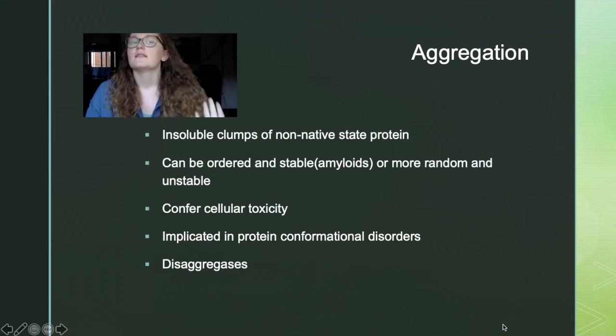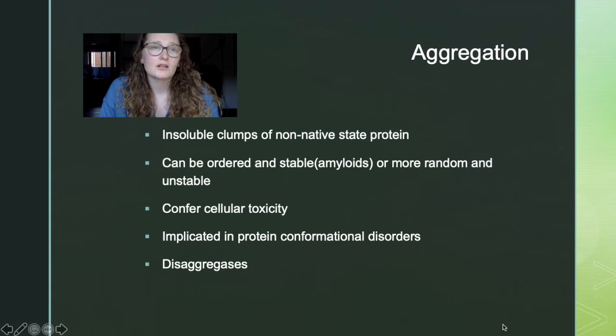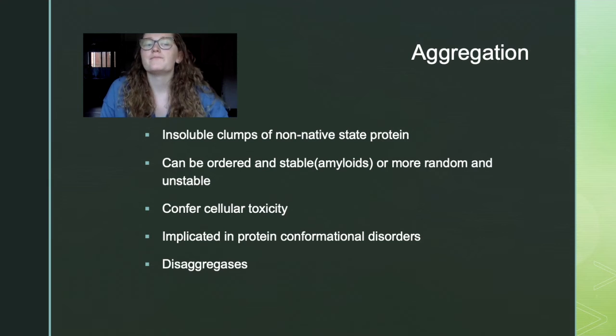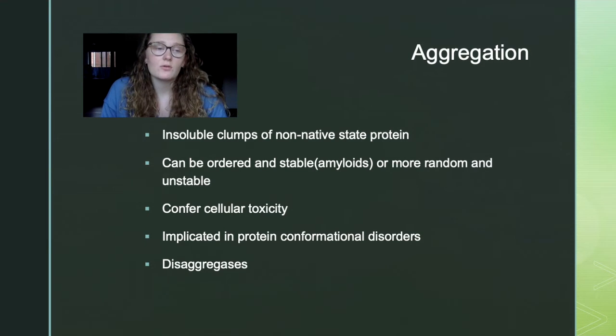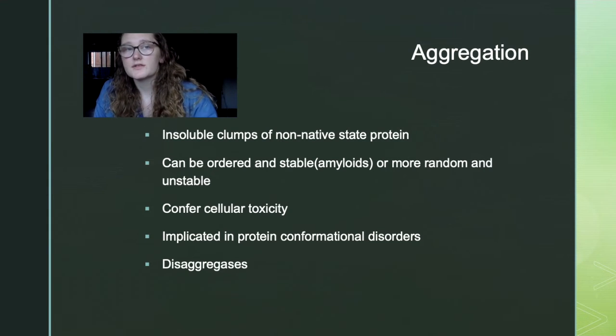And that's not great. These aggregates can be ordered and stable, in which case they're called amyloids, which you may have heard of, or they can be more random and unstable, but regardless, they confer a great deal of toxicity on the cell, and aggregates are even implicated in a whole family of diseases called protein conformational disorders. Now, you may have heard of some of these.